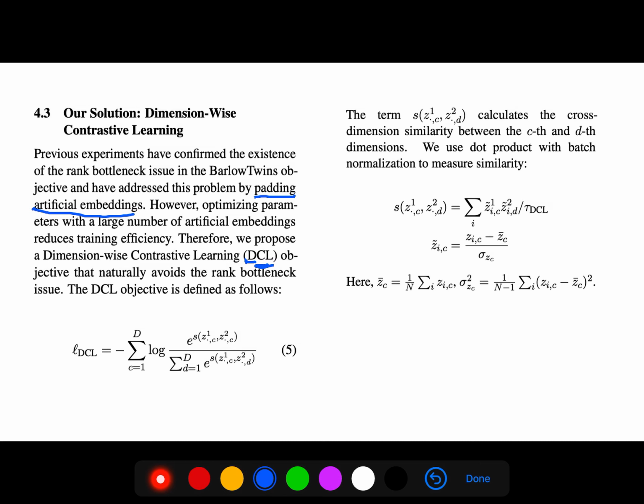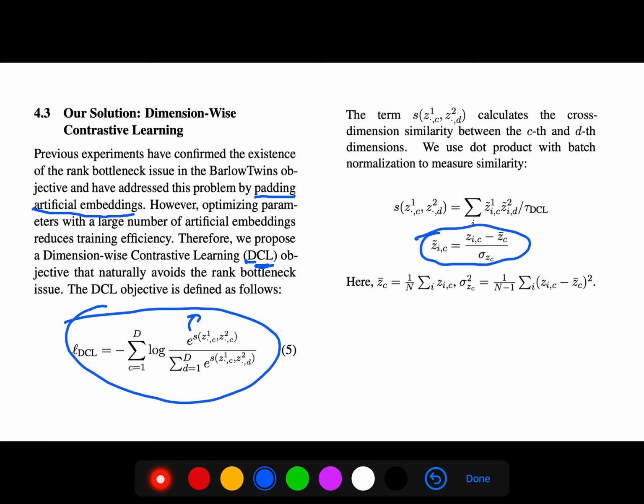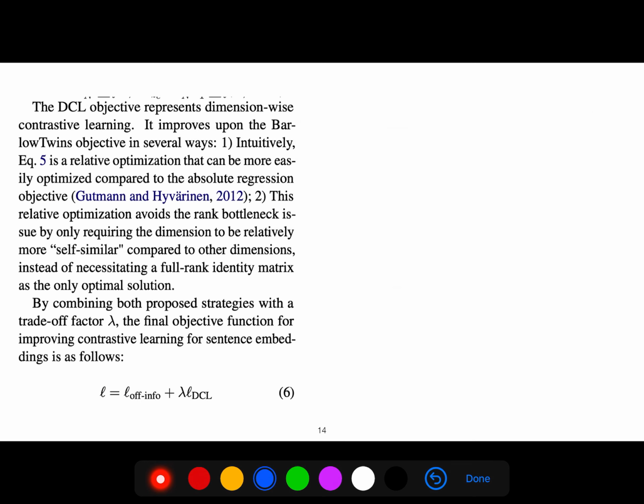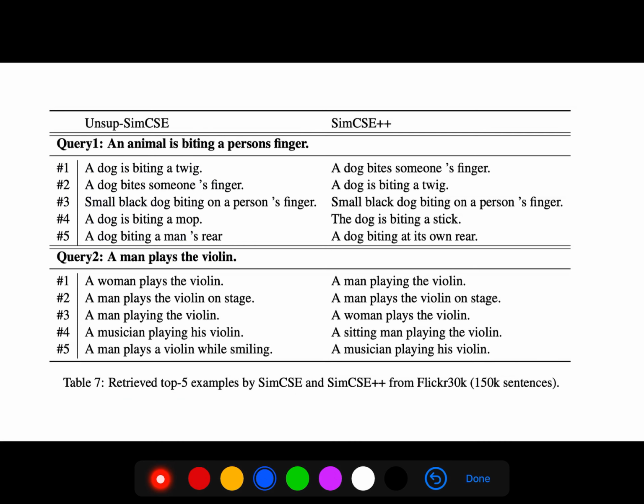So this is the objective, and the term s here calculates the cross-dimension similarity between the c's and the d's dimension. And we use a dot product with batch normalization. So we normalize it here. This is the variance and the mean. And then we can combine these, and lambda is just a hyperparameter. It's a trade-off between these two different objectives.